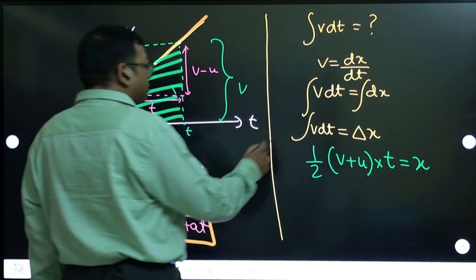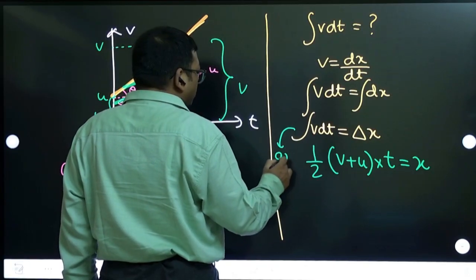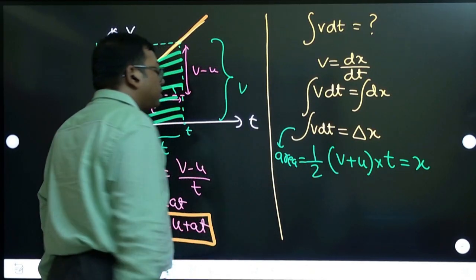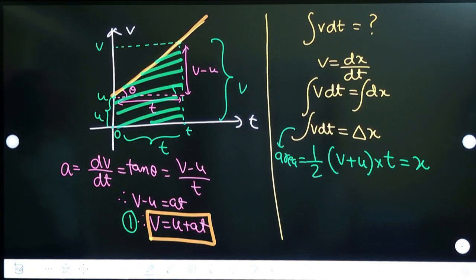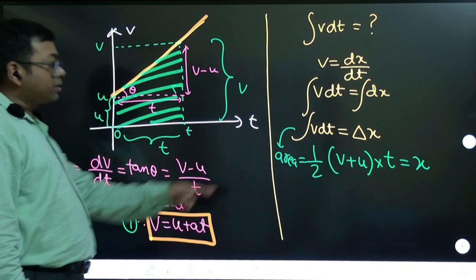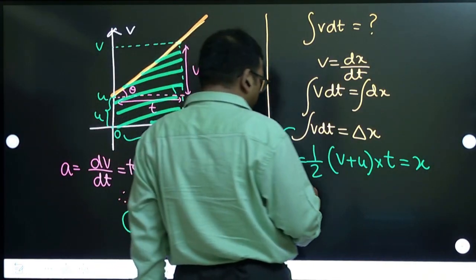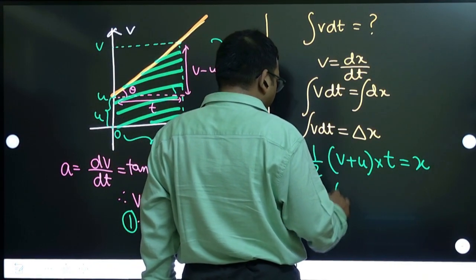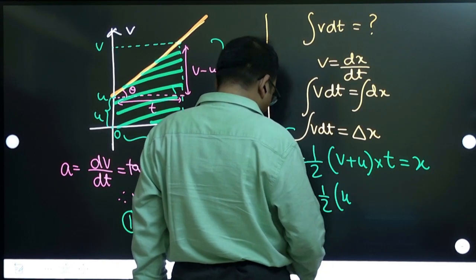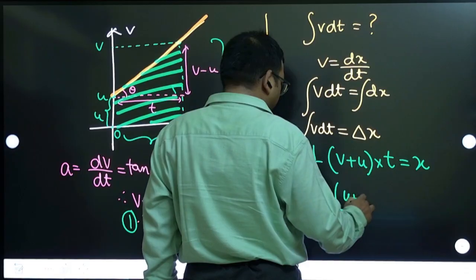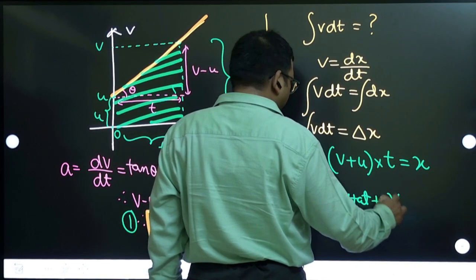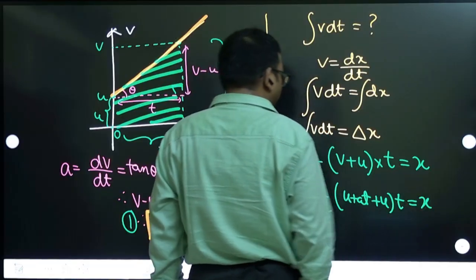Now from here you can substitute v. So v becomes u plus at, right? Half into u plus at plus u, into t is equal to x.